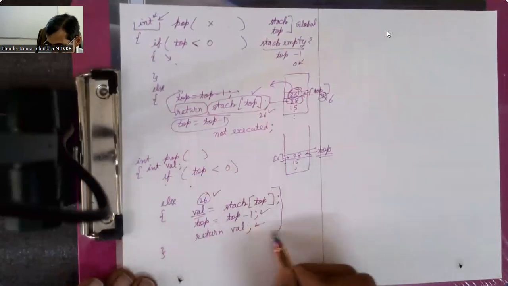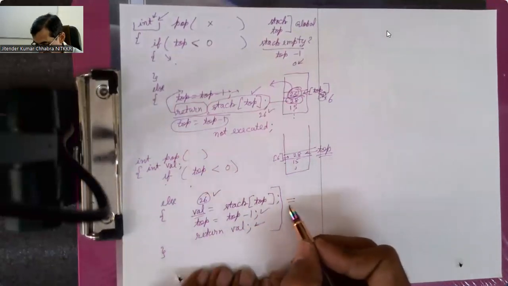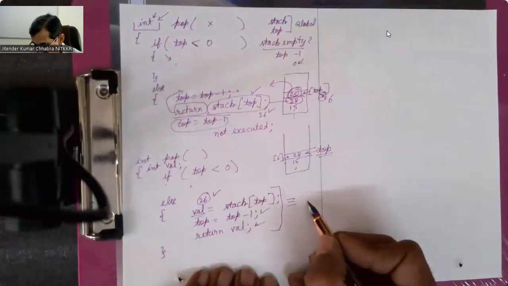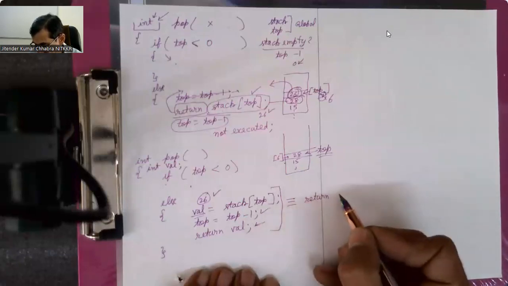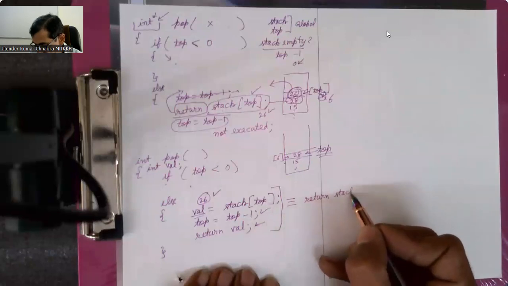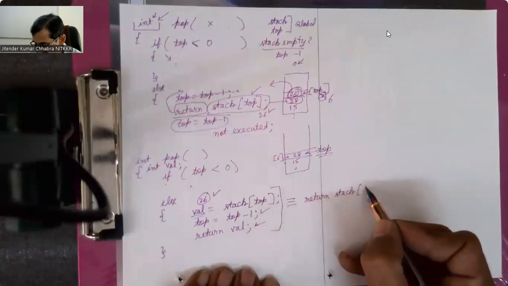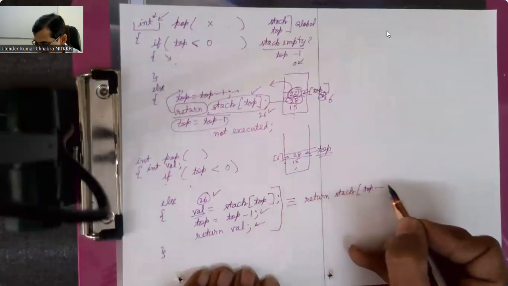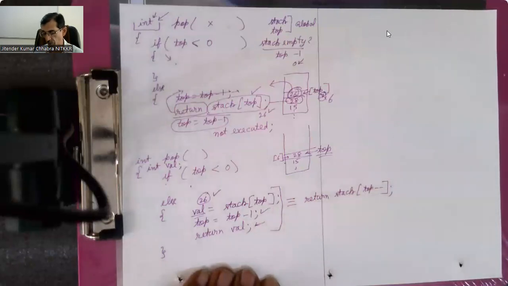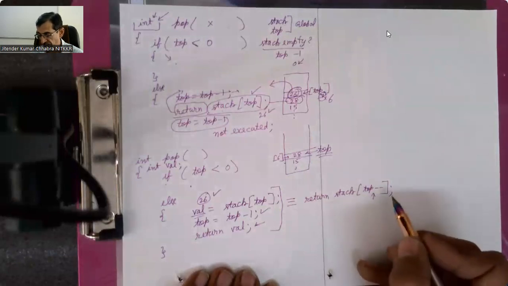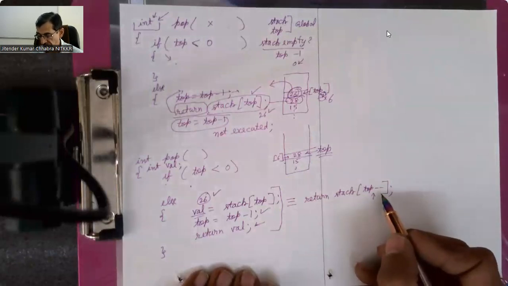Of course, this can also be done by a single statement. Those who can understand, they should think of doing this, but those who are not able to understand this need not bother. Read a book and you will be able to understand how it works. So top minus minus here has all that working in a simple manner.